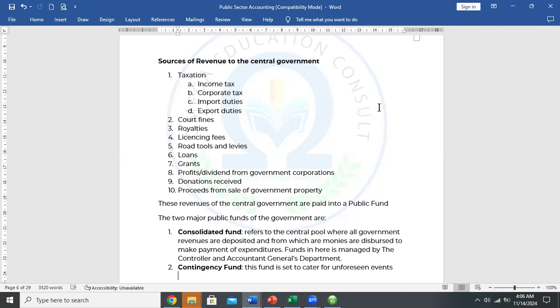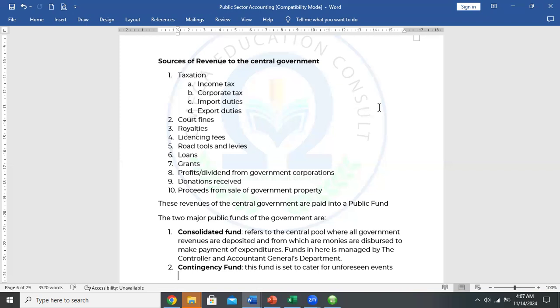When you are exporting, you also pay some tax there. Then we have court fines. When you go to the court, a lot of people are being fined for either violating one rule or the other, right? Royalties. Sometimes you are using a government facility, you have to pay royalties to the government. So royalties are fees you pay for using someone's asset, right?